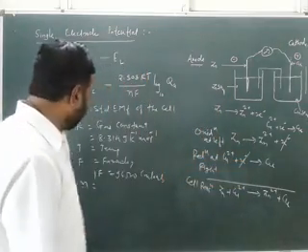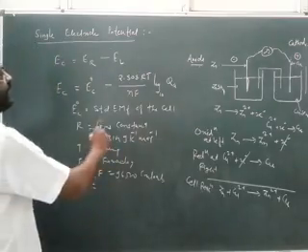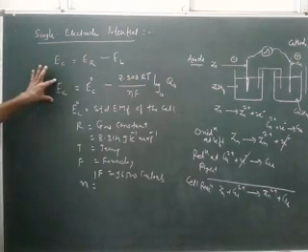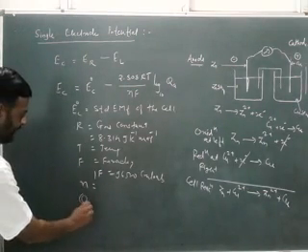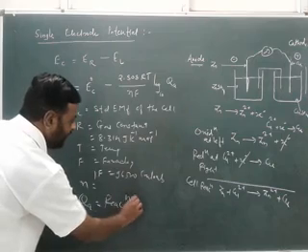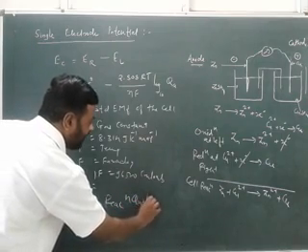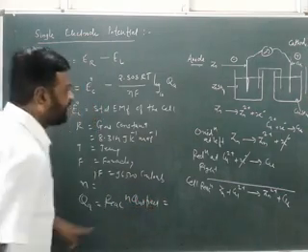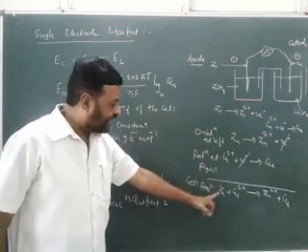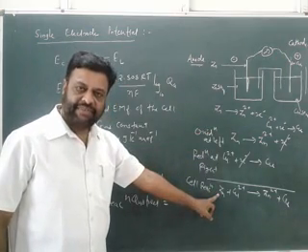So we see here, this is the Nernst equation. And Qa is nothing but the reaction quotient. For the Daniell cell, this reaction quotient we can write from the same reaction.